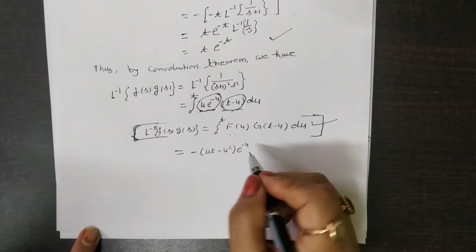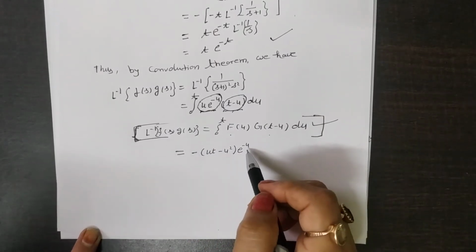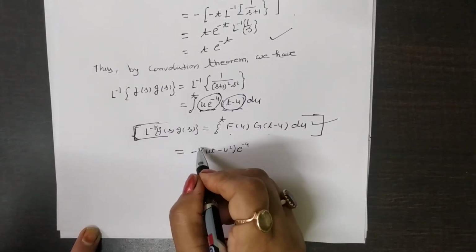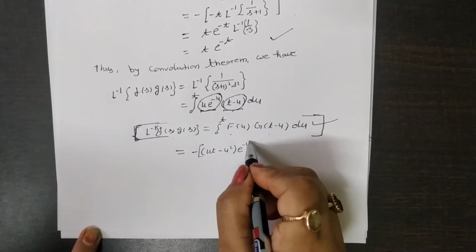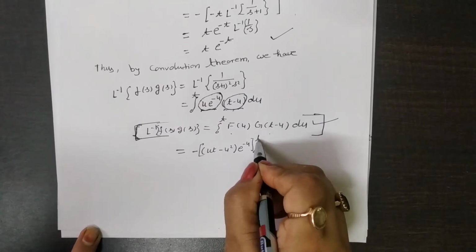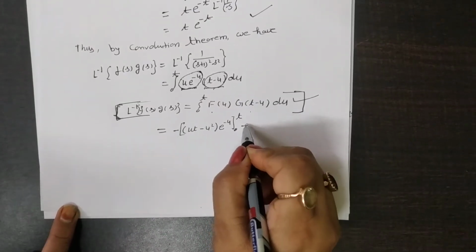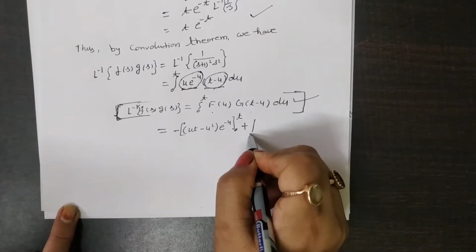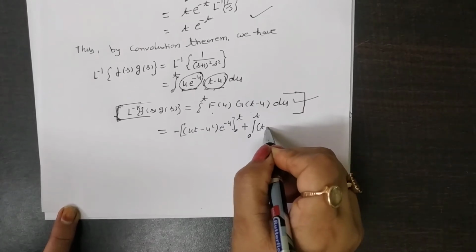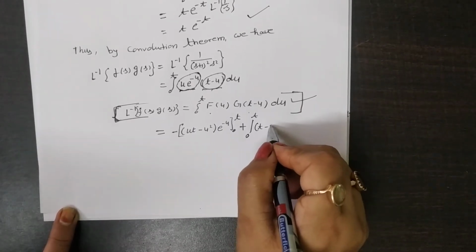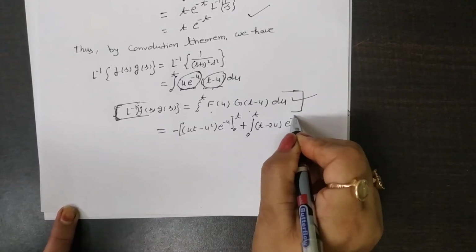And again, because here is ut and u square, taking the integral, plus from 0 to t of (t minus 2u), the differentiation of this, and e to the power minus u du.